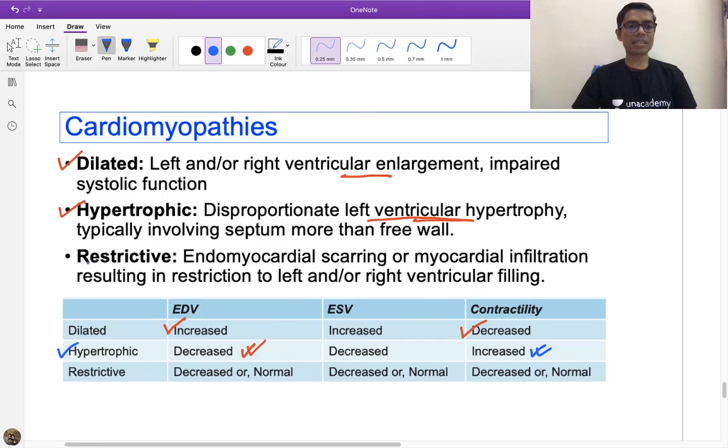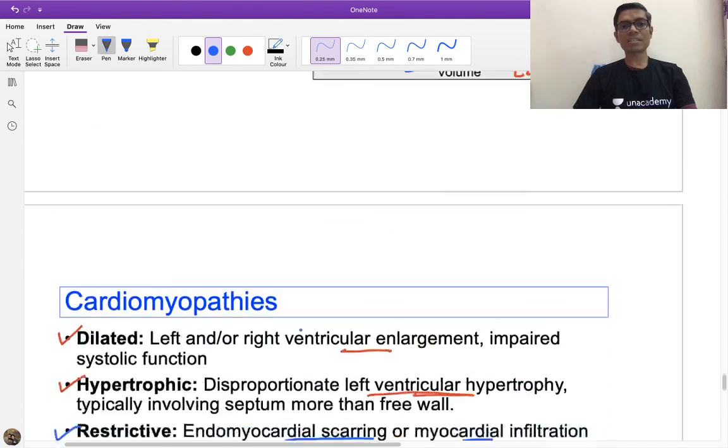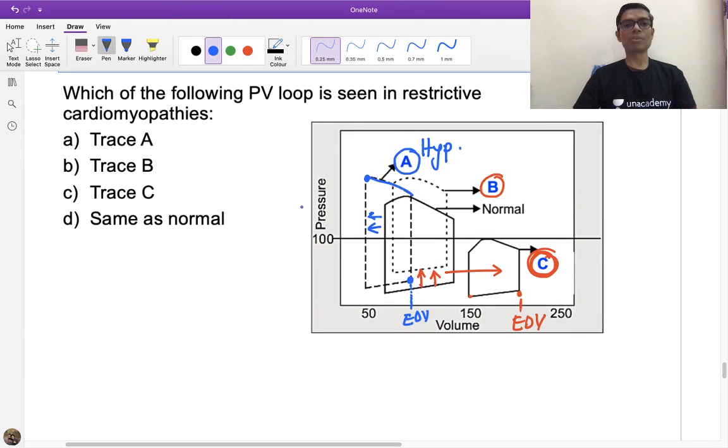And restrictive cardiomyopathy, endomyocardial scarring, myocardial infiltration. Because of this scarring or infiltration, EDV decreases, contractility decreases, everything decreases, okay? I told you the curve becomes steeper. So steeper means it is shifting upward, plus EDV is less here and end systolic volume is also less here.